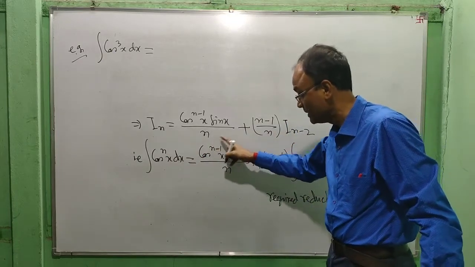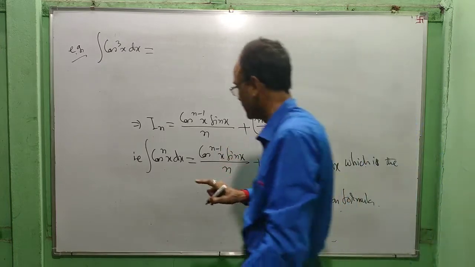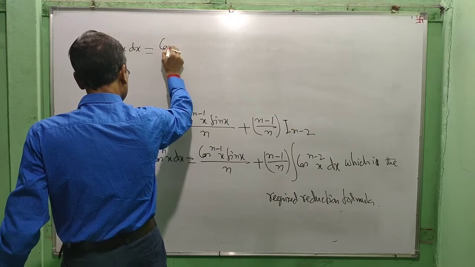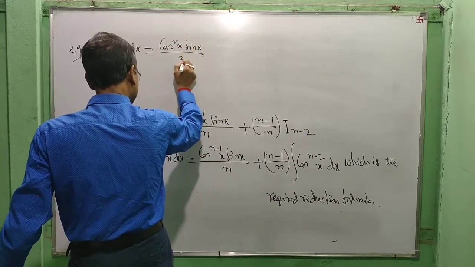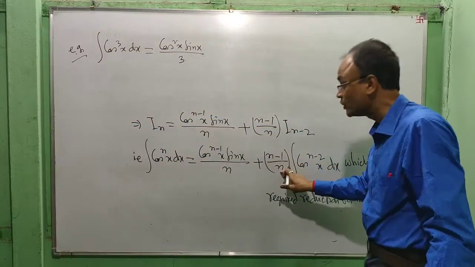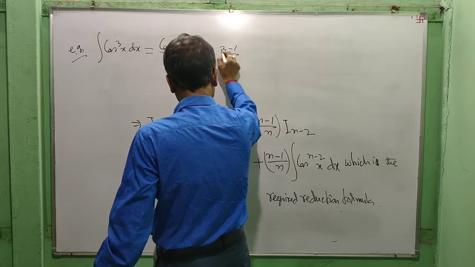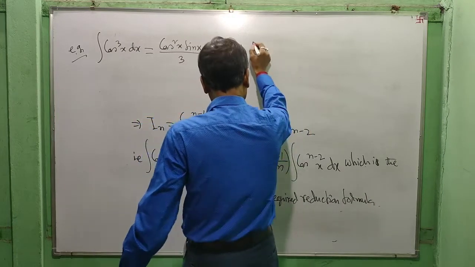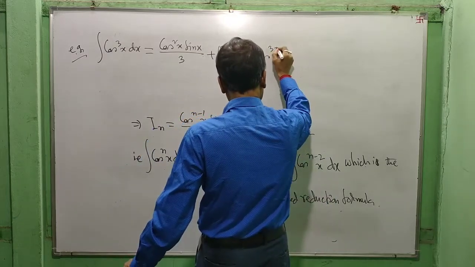Therefore, cos to the power 3 minus 1, meaning cos square x sin x divided by 3, plus 3 minus 1 by 3, that is 2 by 3, integration cos to the power 3 minus 2x.